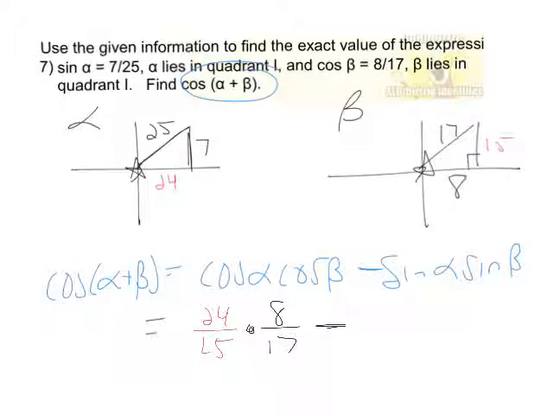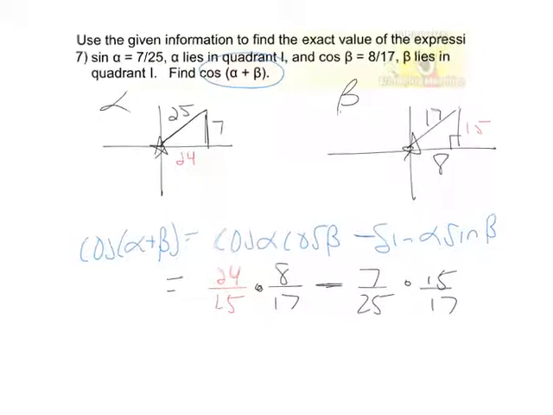Then we're going to do sine of alpha, so we're back to our alpha picture, and we were given that the sine is 7 over 25, times sine of beta. So I'm going to go over to my beta drawing, and I want the sine, which is opposite over hypotenuse, so 15 over 17. There is no reason on this earth for you guys to not get this right.